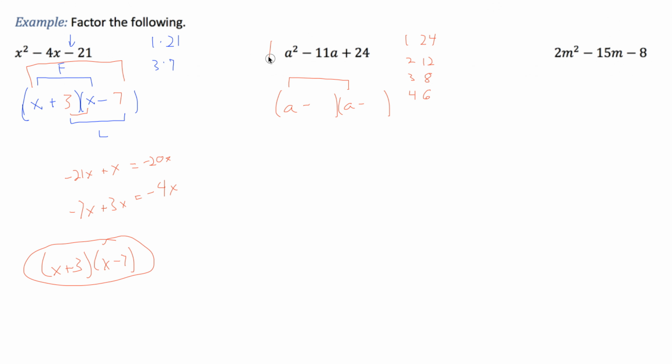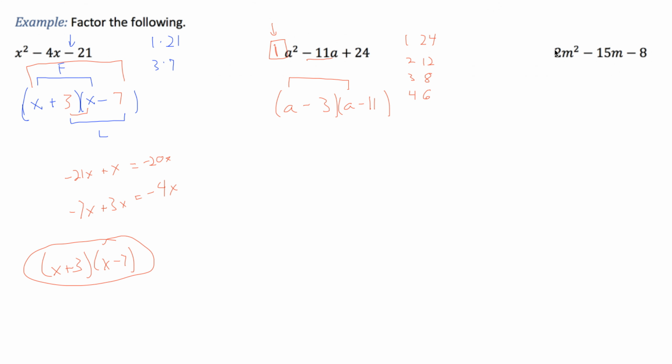If this leading coefficient is 1, all you need to do is look over here and see which ones combine or add together to give -11. 1 and 24 is 25, 2 and 12 is 14, 3 and 8 is 11, and in fact, remember, we're doing -3 and -8, so that's what we want because they add up to equal -11. That only works if this coefficient here is 1.